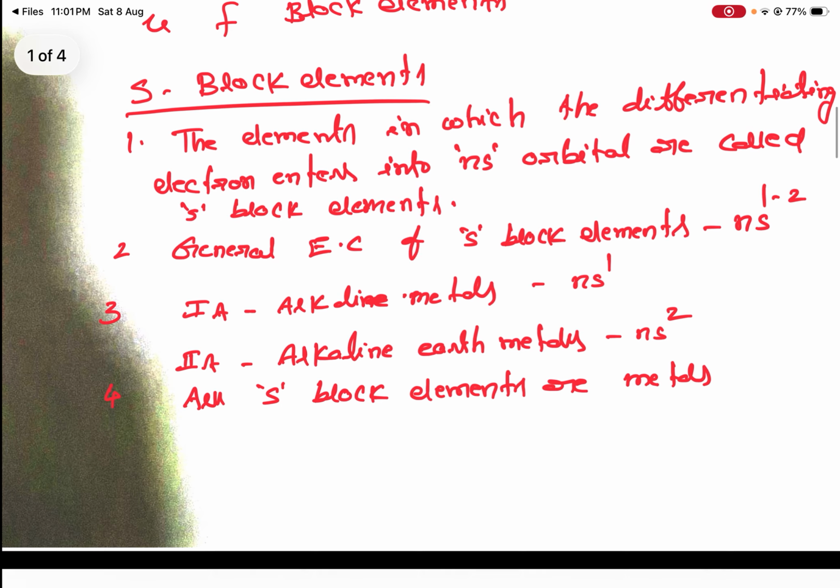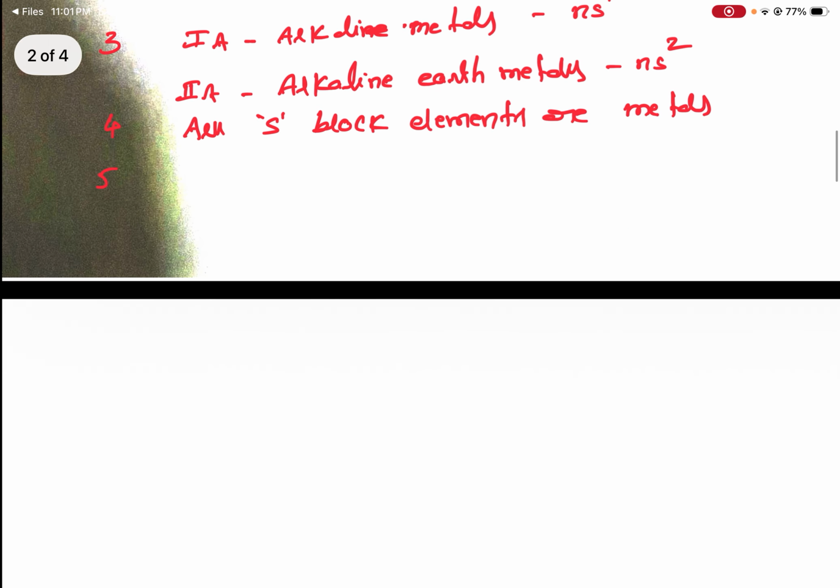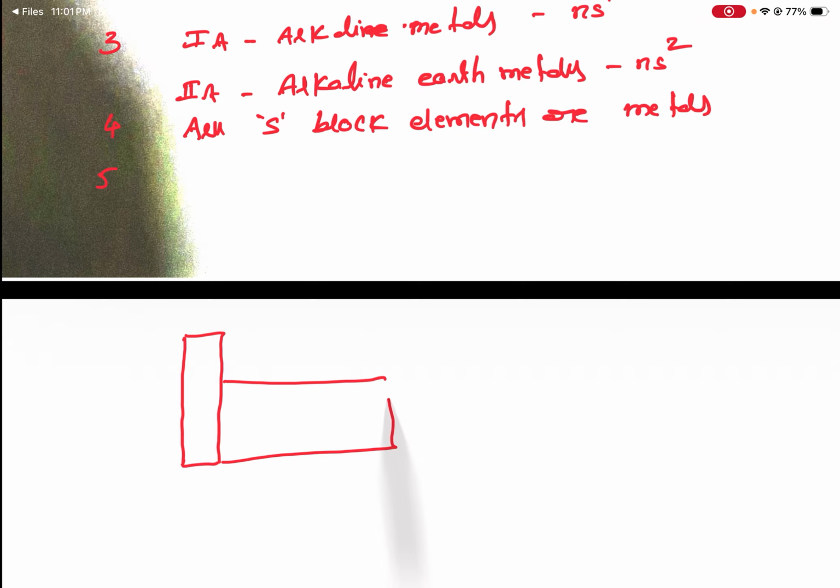Next, what is the position of the S block elements in the periodic table? The periodic table is like this. Here on the left side are the S block elements. In the middle, these are D block elements. These are P block elements.